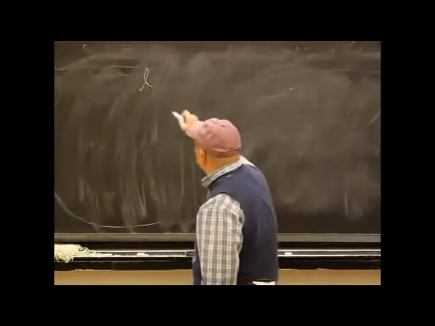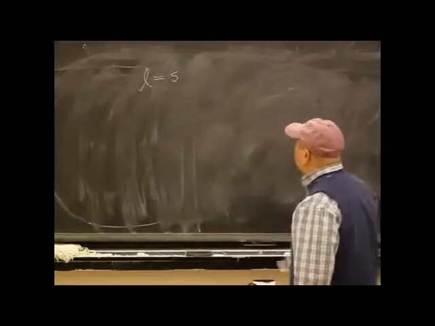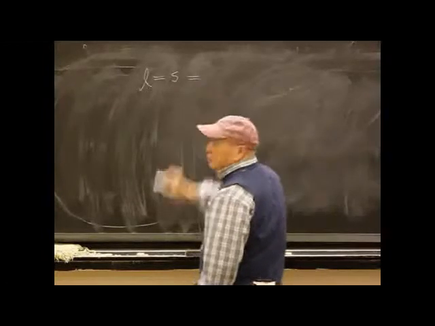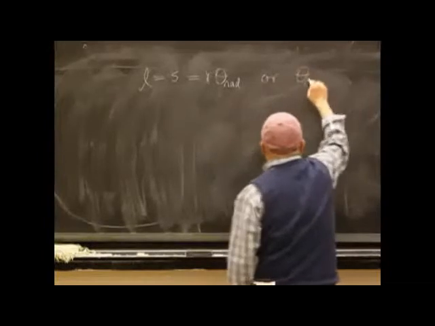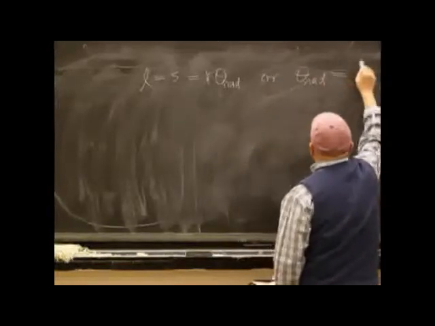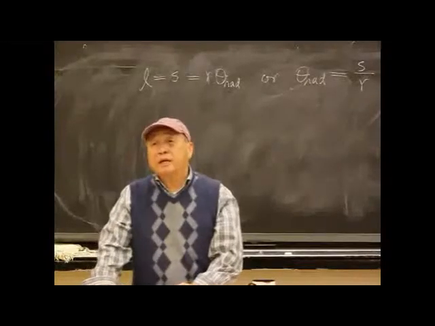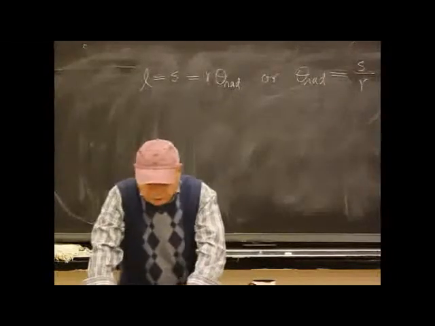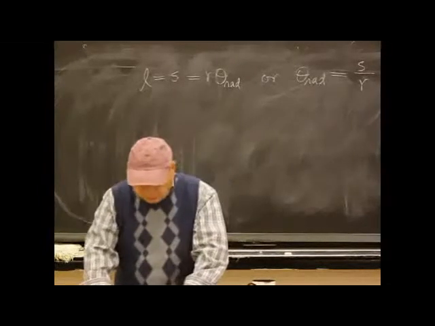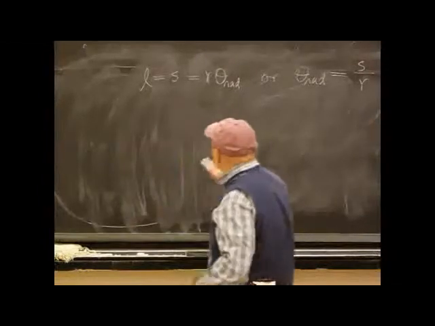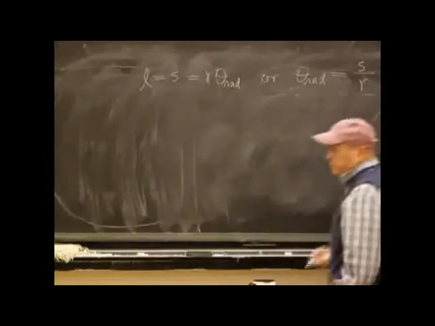L, or sometimes they use S. In your book it is S. The arc length is S. So theta in radians is equal to S divided by R. When they divide each other, they have no unit. We can name this new unit the radian. So in these cases, we have theta in radians. This is called angular displacement.